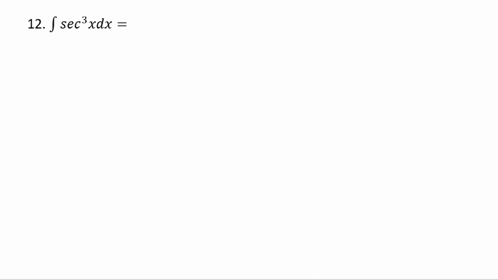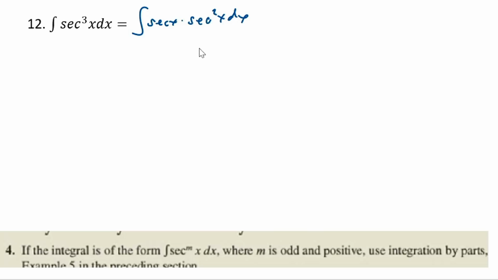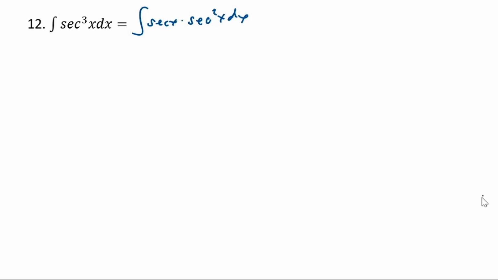Number 12, we have now the integral of secant cube x dx, which can be written as secant x times the secant squared x dx. Since the functions here are the same, we have secant x and it's in a product form, so it's better to use now the integration by parts. I will identify my variables as u and v.